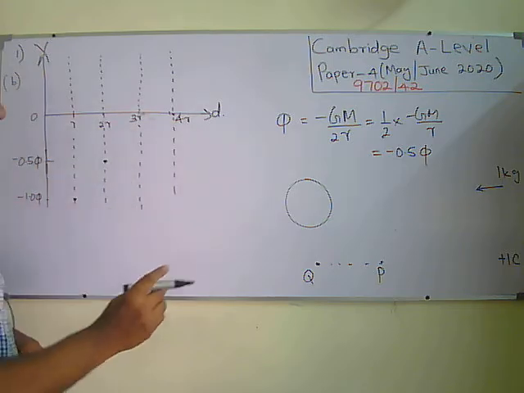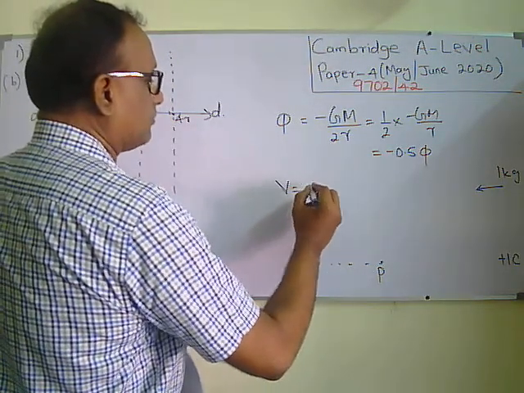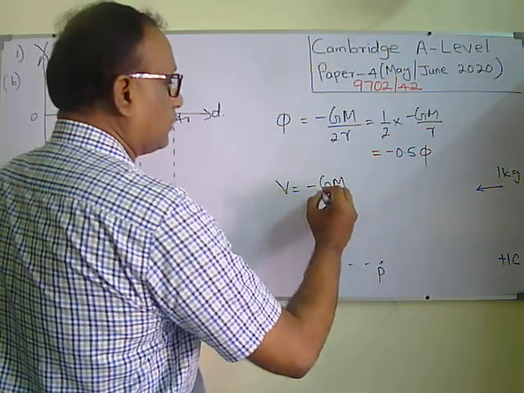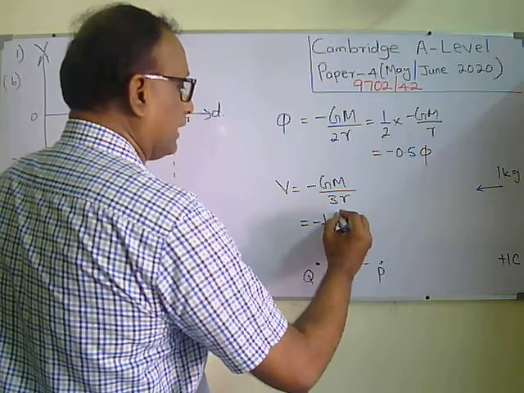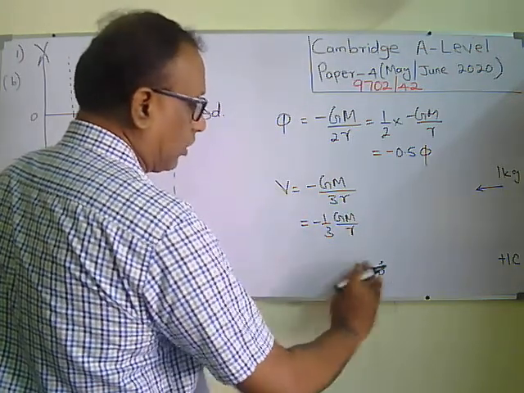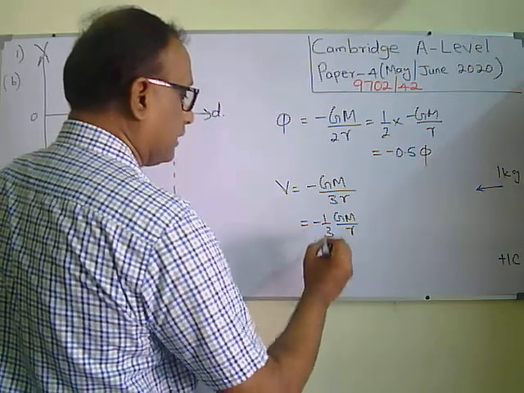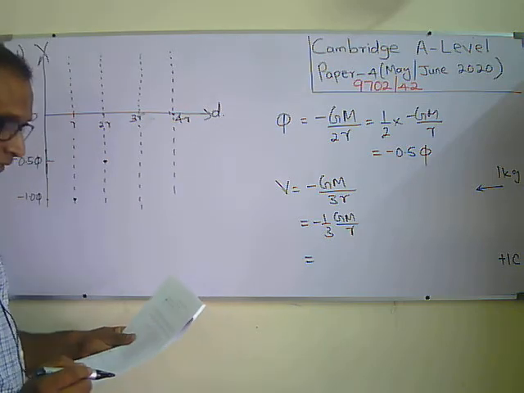Same way, when it becomes 3r, the gravitational potential will be V equals minus Gm over 3r. So that is going to be minus 1 over 3 times Gm over r, and Gm over r is phi, already given on the surface of the planet. 1 over 3 is 0.33.